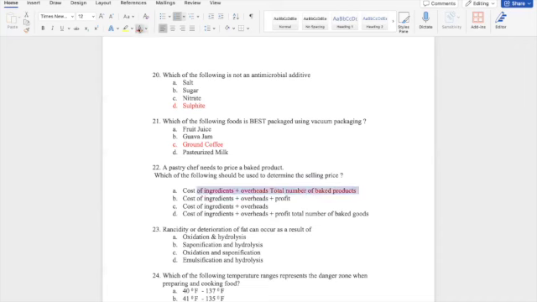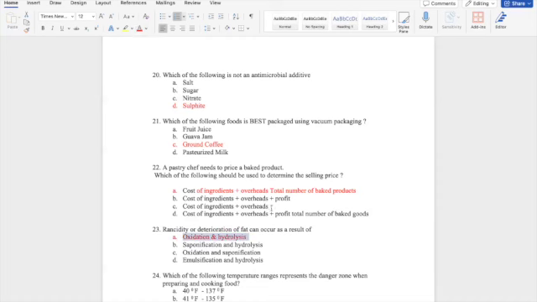All right, next, 23. Rancidity or deterioration of fat can occur as a result of what? No, oxidation. Oxidation is one. So it has to be C. All right, so oxidation and hydrolysis.